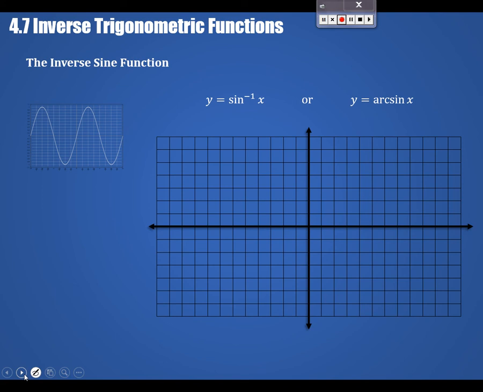So what can be done? Okay, yeah, I think I hear you saying we should restrict this somehow, and that's correct, right? We should restrict the domain somehow so that when we do the inverse, we get something that is 1-to-1.